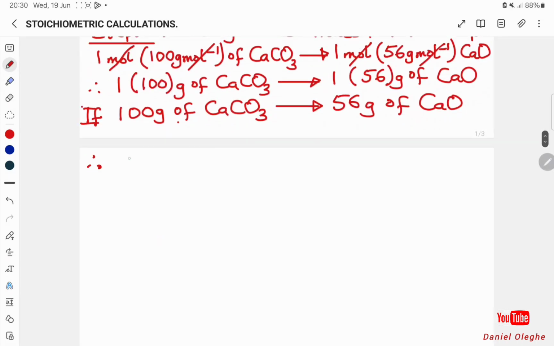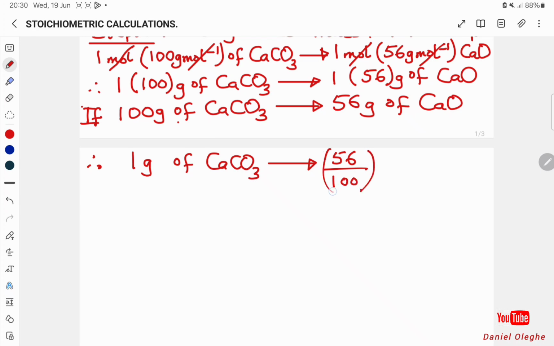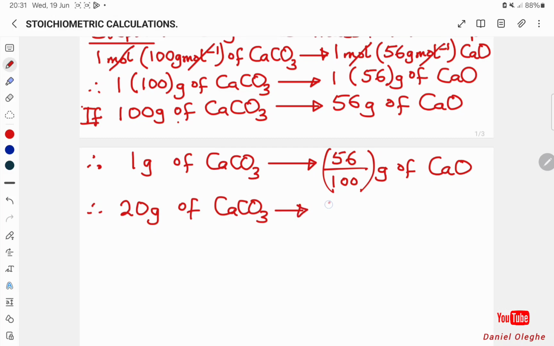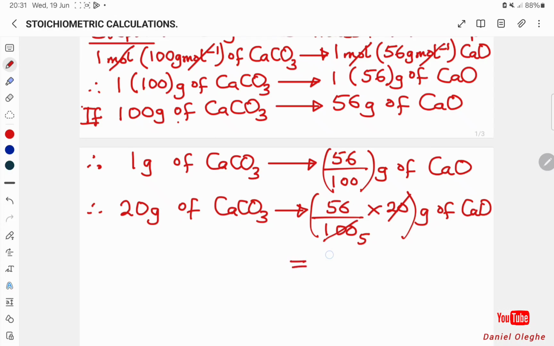Therefore, 1 gram of the calcium carbonate by proportion will give 56 over 100 gram of calcium oxide, and 20 gram, which is the actual mass of the calcium carbonate put into reaction, we produce 56 over 100 multiplied by 20 gram of calcium oxide.